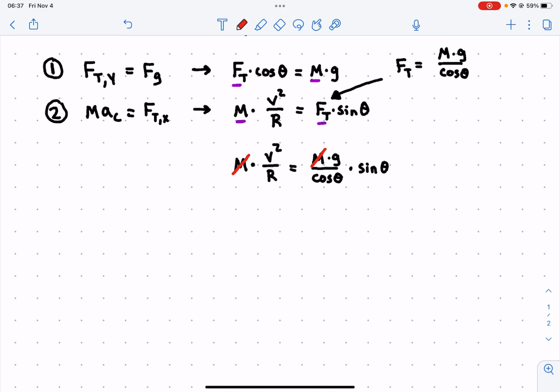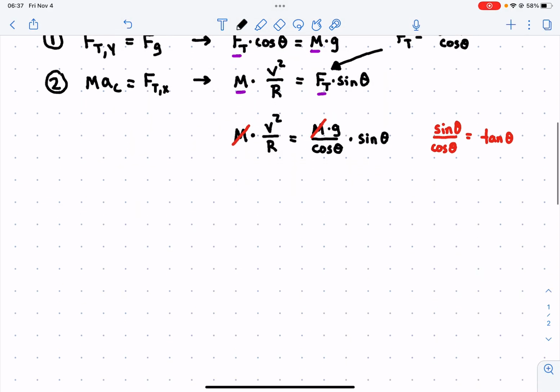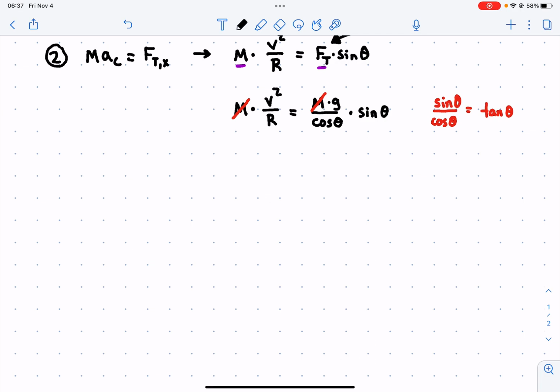The other thing that is magical that just happened is that the sine of theta divided by the cosine of theta is actually equal to the tangent of theta. So we can go ahead and simplify that expression from there. So we got v squared over r is equal to g times the tangent of theta.